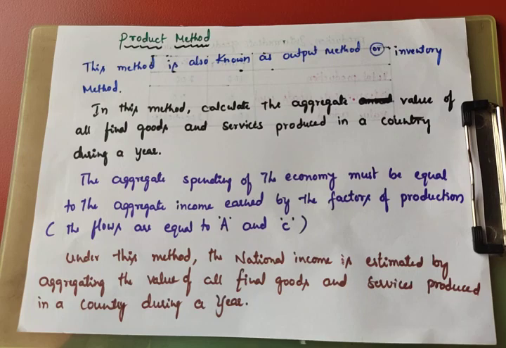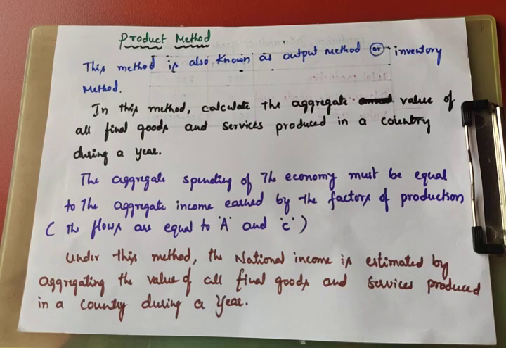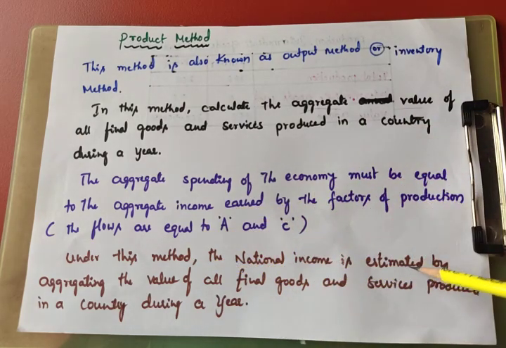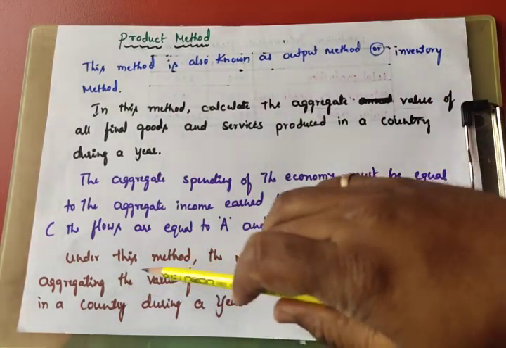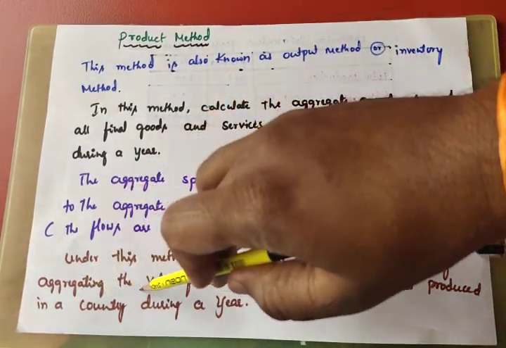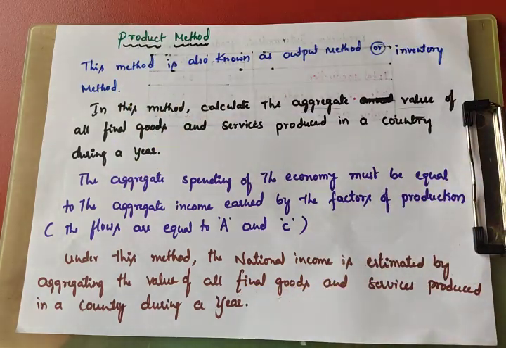Another meaning is that under this method the national income is estimated by aggregating the value of all final goods and services produced in a country during a year.